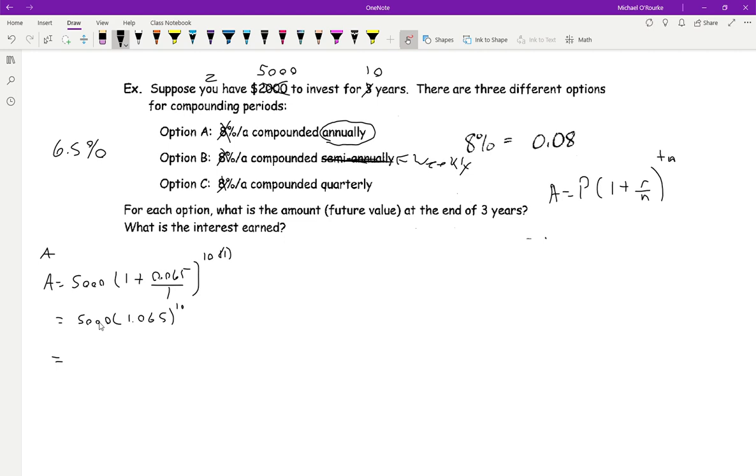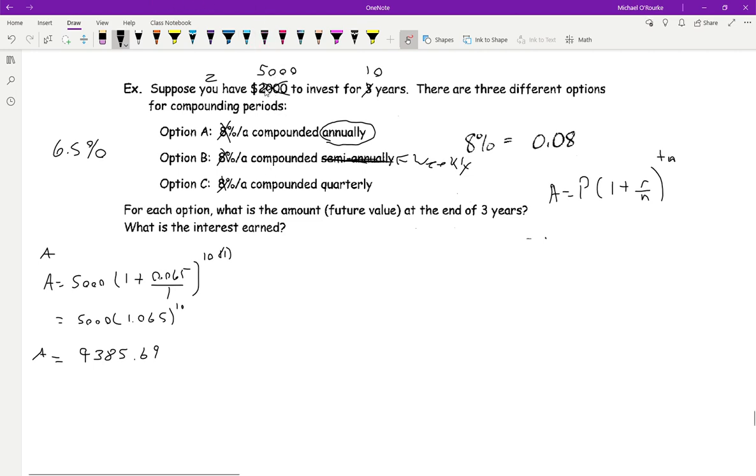Now this is where you need to get your calculator skills up to speed, right? So did everyone else get 9,385? $5,000 is your principal. I changed it up here.